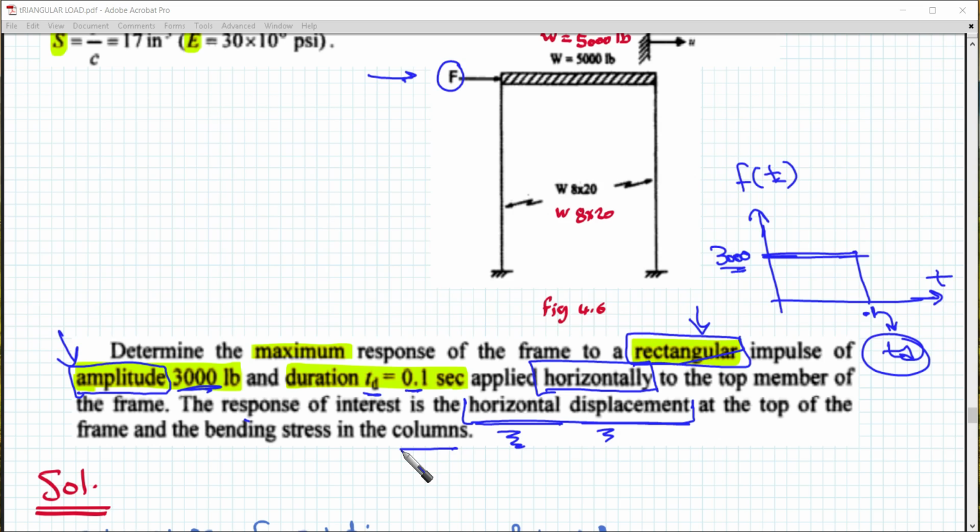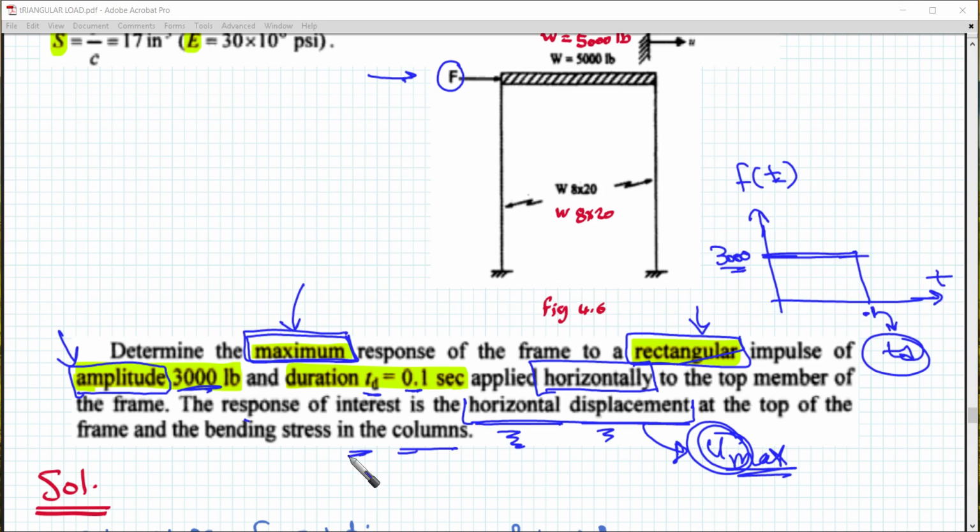So we need two things here. We want the horizontal displacement, which means exactly, U. And at the same time, the bending stress in the column. And remember that we are talking about the maximum. Determine the maximum response of the frame to the rectangular impulse. So we need to know U maximum.